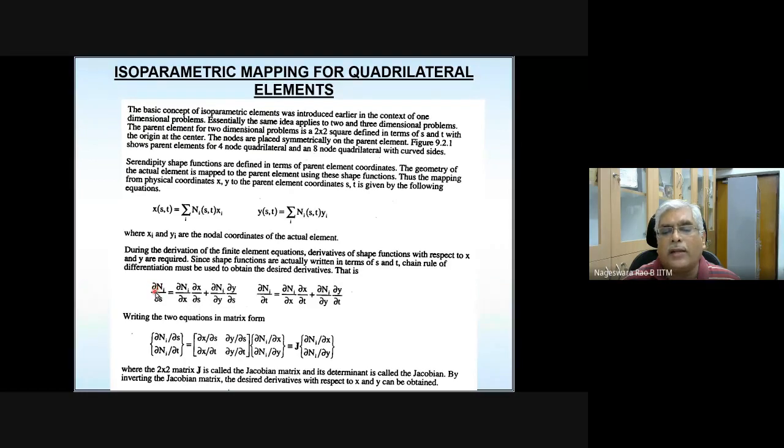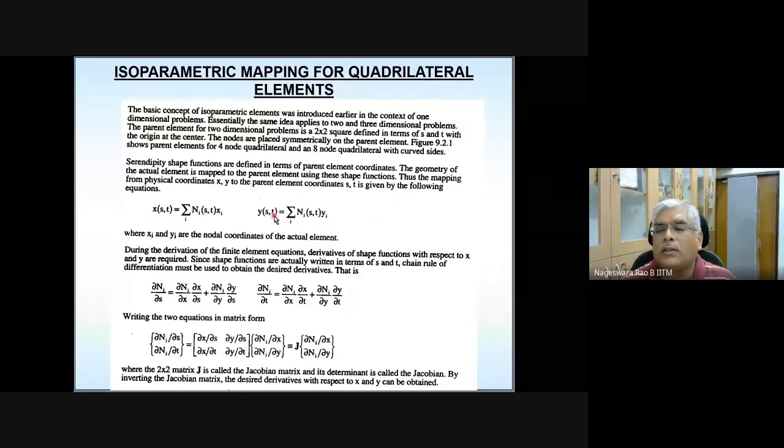Partial derivative of Ni with respect to s: x is a function of s and t, y is a function of s and t. And what about s and t? If you find the inverse relation, s and t are also functions of x and y.